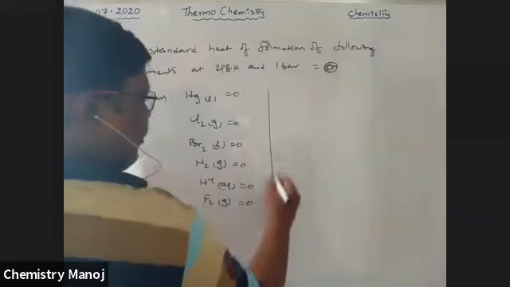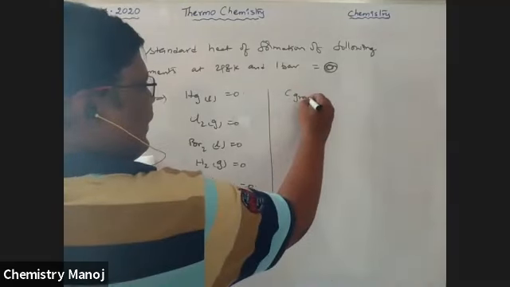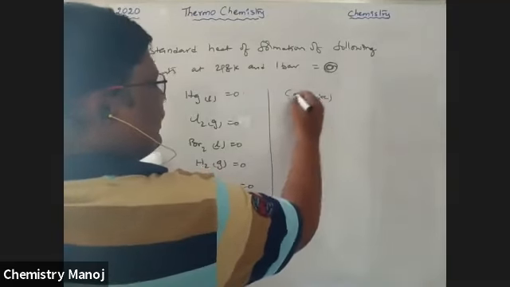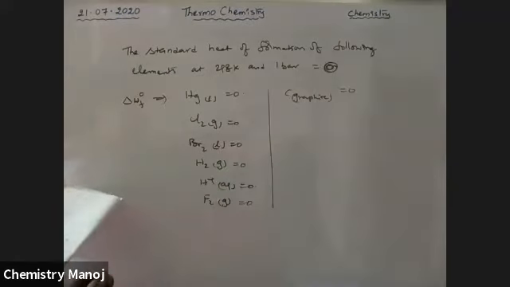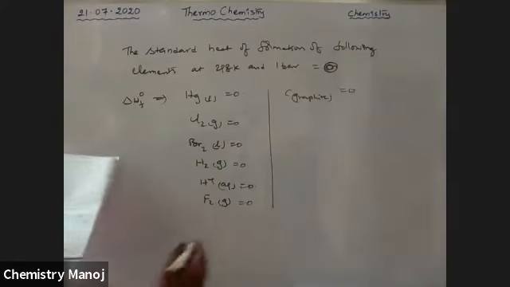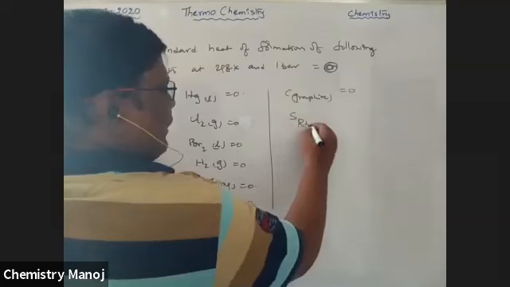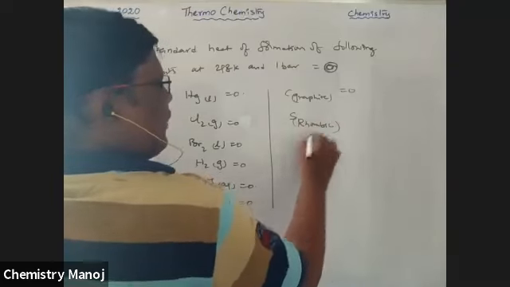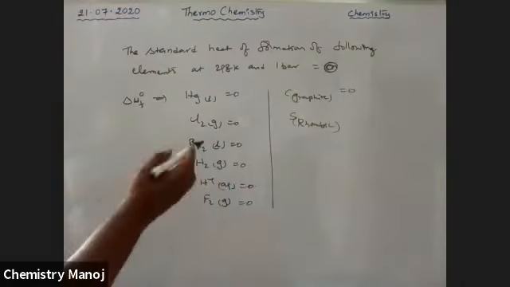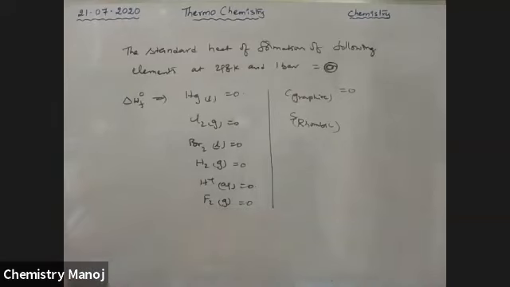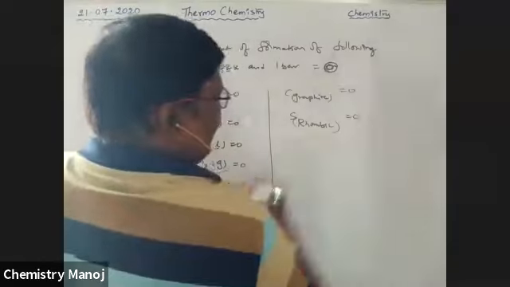In case of allotropes, carbon graphite form is taken as 0. Next, sulfur has different allotropes, orthorhombic and monoclinic, but rhombic sulfur is taken as the standard, and its heat of formation is equal to 0.